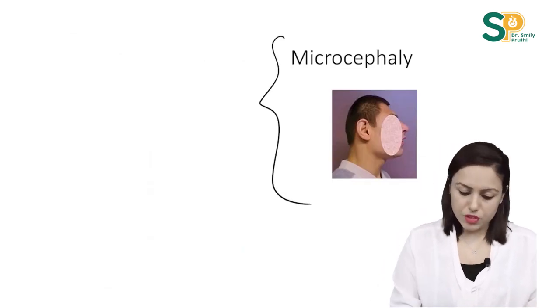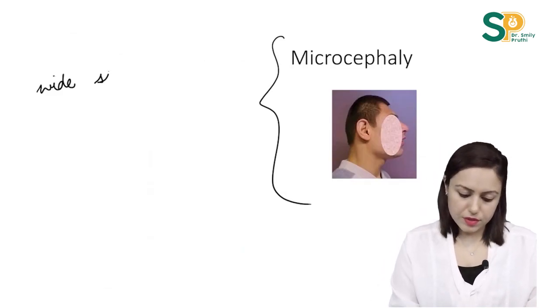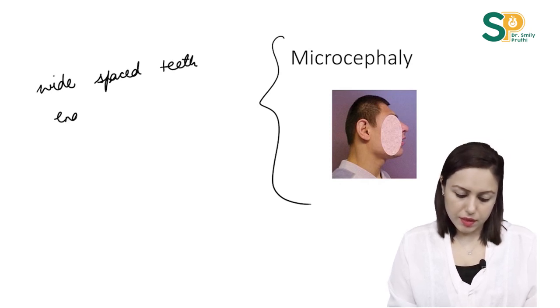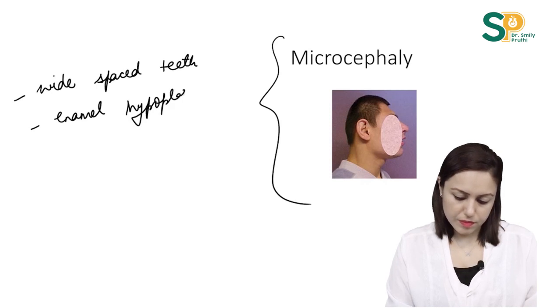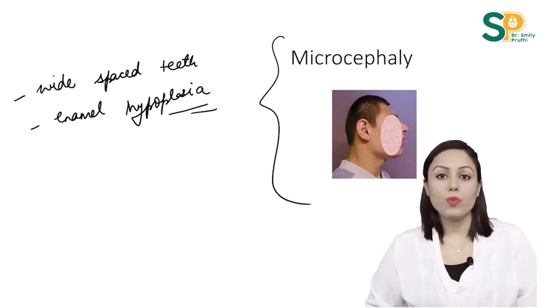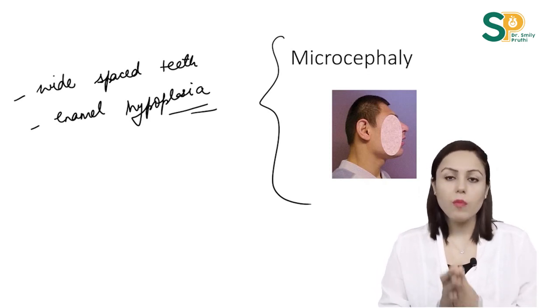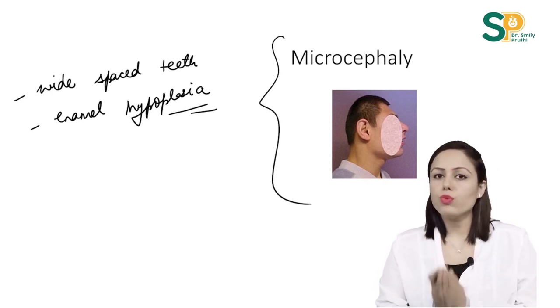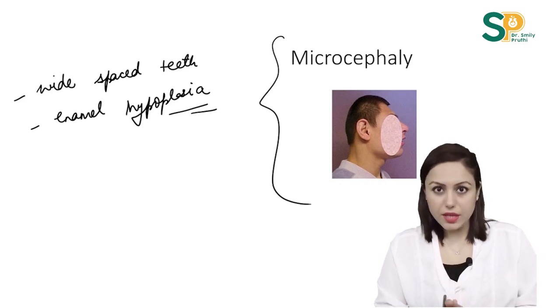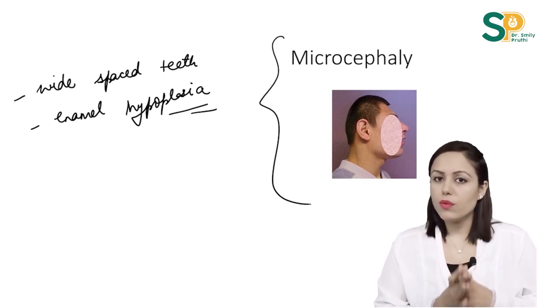And some other clinical features are wide spaced teeth and enamel hypoplasia. Right? If you know all the clinical features of phenylketonuria, it will be very easy for you to diagnose this clinical case when given in the question, right?